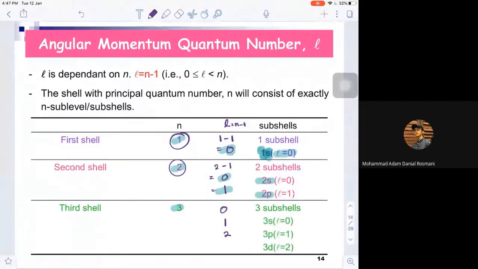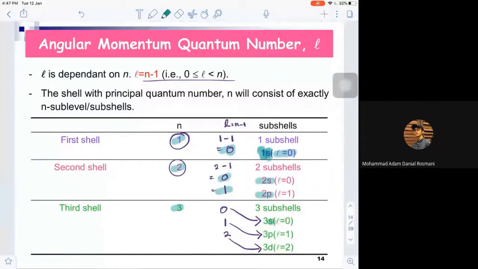As for n equal to 3, the L values will be 0, 1, and 2. There are 3 L values, because L is equal to 0 until n minus 1. So the orbitals are 3s for L0, 3p for L1, and 3d for L2. Why S, P, and D?